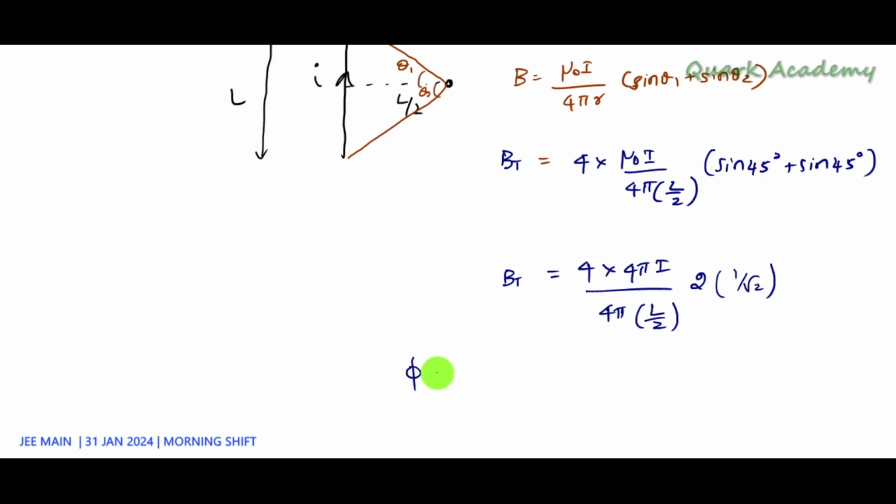Now we want the magnetic flux. Magnetic flux is magnetic field times the area of the smaller loop. So we'll cancel some terms with this 2. No, it will not get cancelled. Yeah, so we are left with 4 pi into 4 by root 2 L into l squared. l squared is the area of the smaller loop.